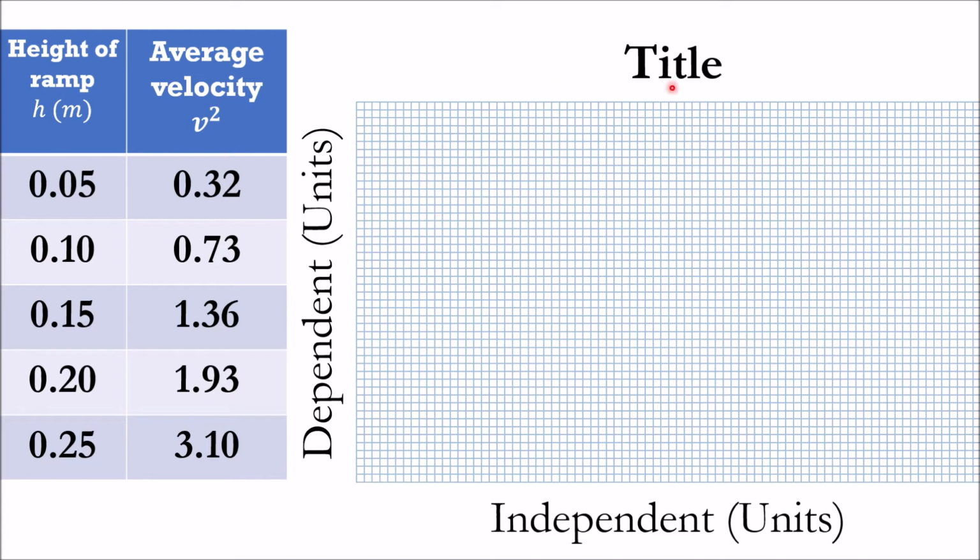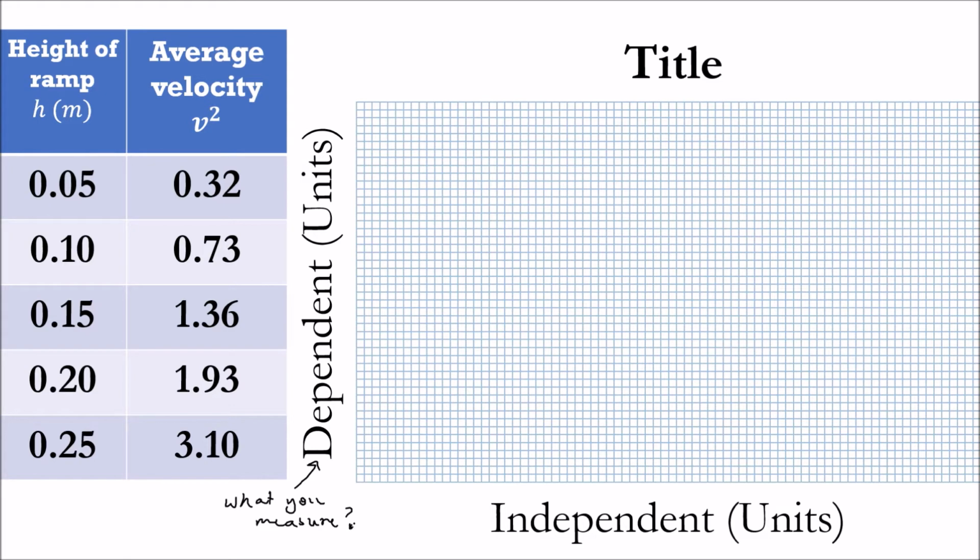When plotting a graph, always have a title, so a descriptive title that says what you're going to do. You are then going to put the name of the dependent variable, and I'll write this down in case someone wants to copy. The dependent variable is basically what you measured. So what did you measure in the experiment?